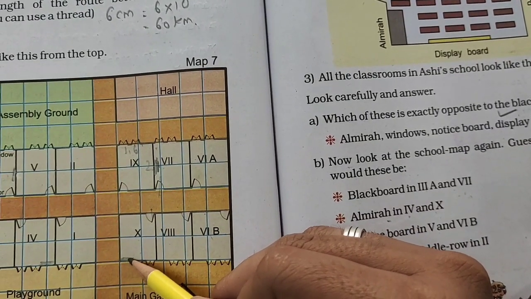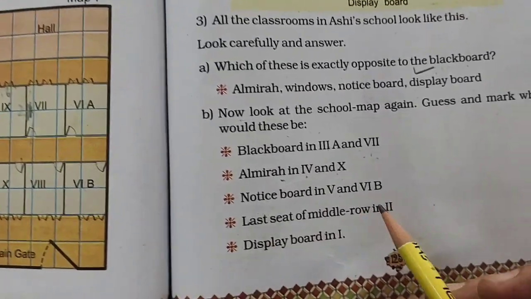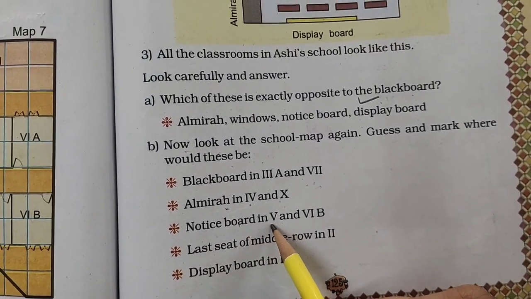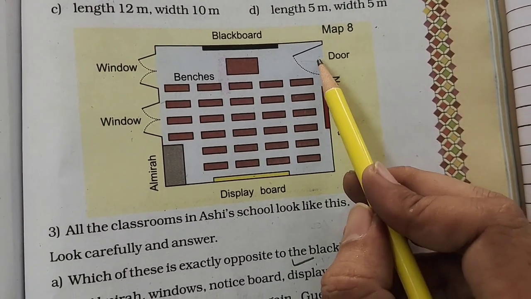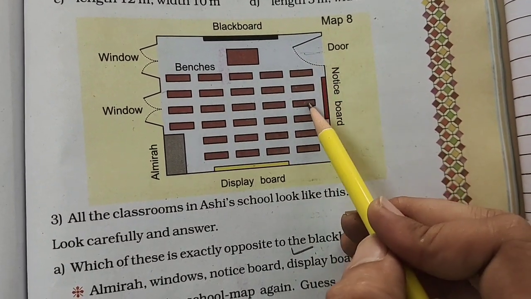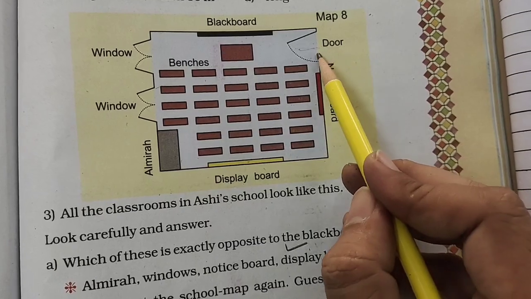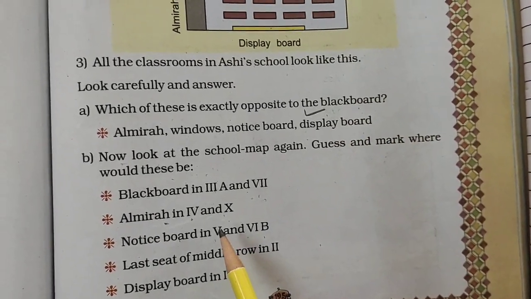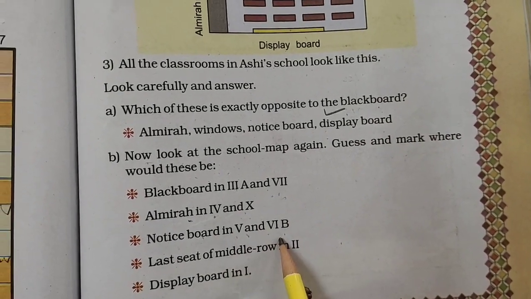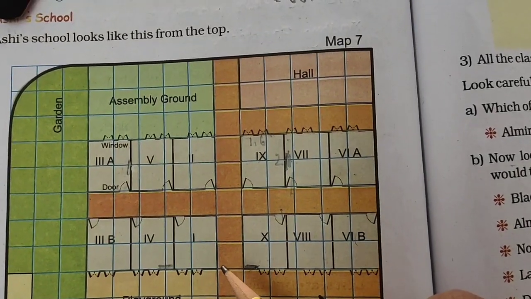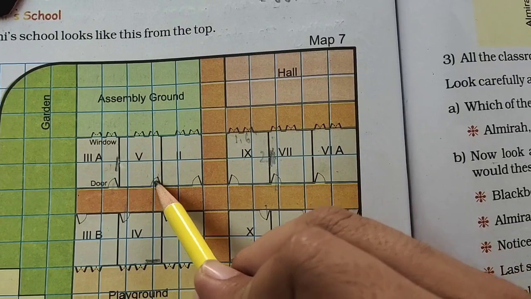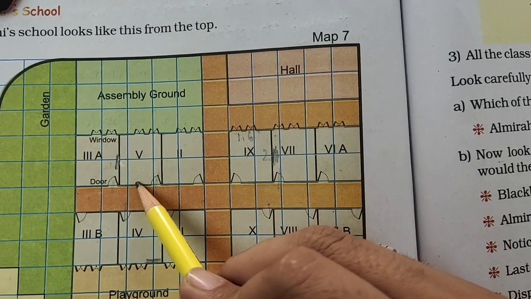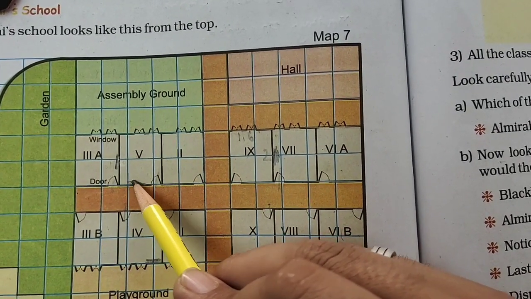almirah. Okay students. Notice board in 5th and 6th B. Now the notice board is on the wall to our left when we enter the door. So in class 5th and 6th B, in class 5th, here we have entered, towards our left hand side, here the notice board is there.